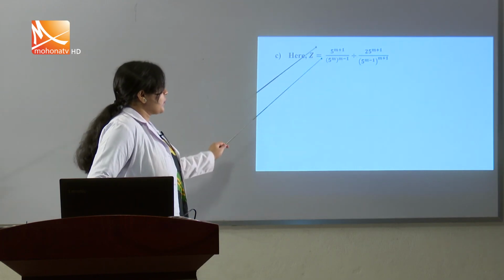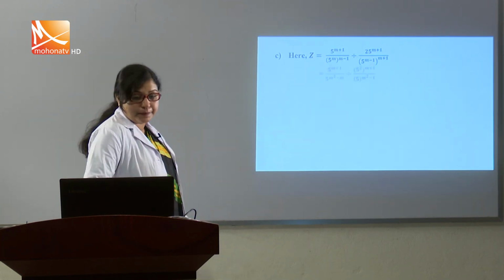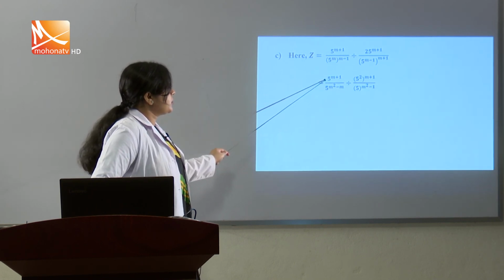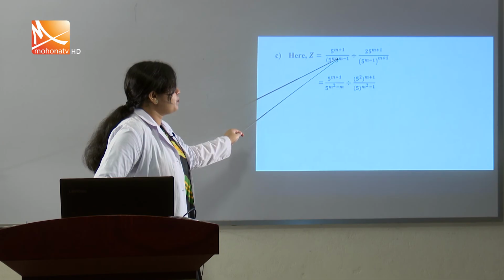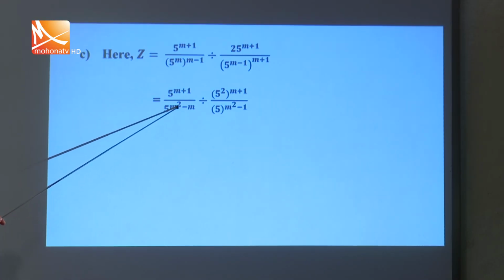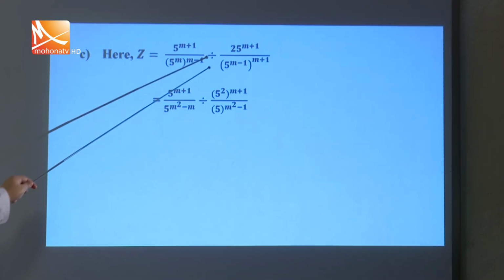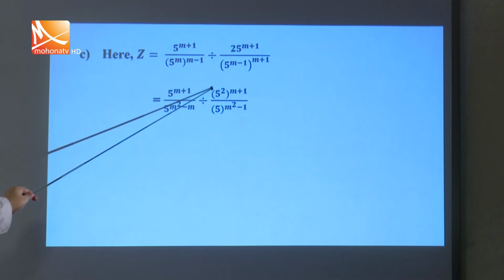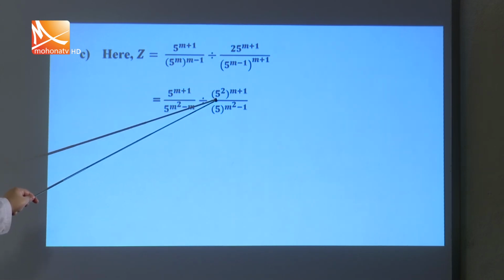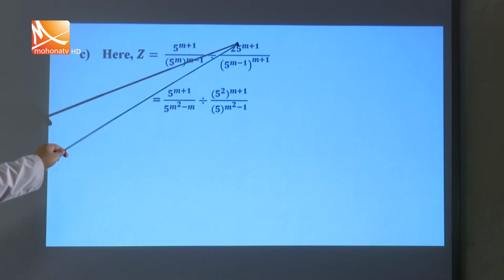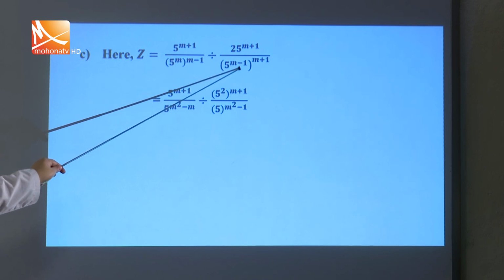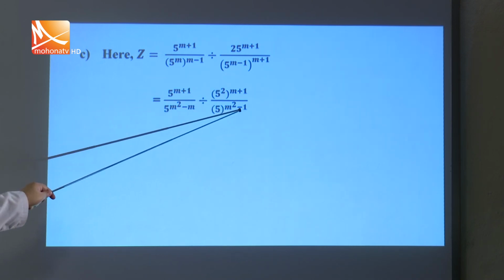So, in this math we can apply to the first fraction, in the denominator we can multiply these two powers together, that is 5 to the power m square minus m, and in our second fraction in the numerator we can write 25 as the product of prime factors, that is 5 square whole to the power m plus 1, and we can apply m plus 1 into m minus 1, which is the formula of m square minus 1.